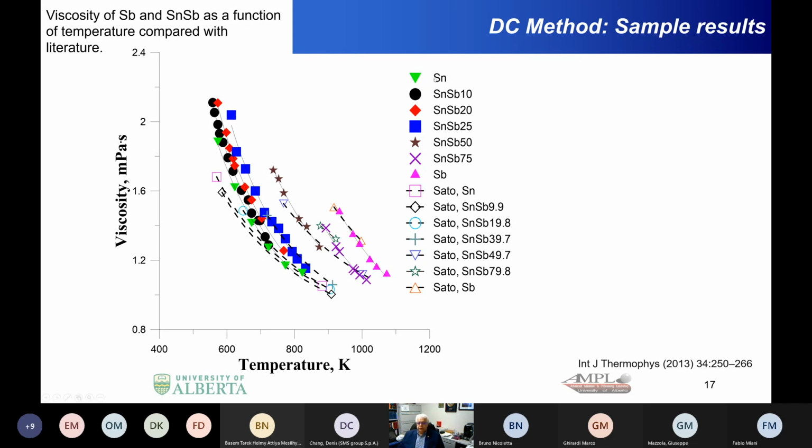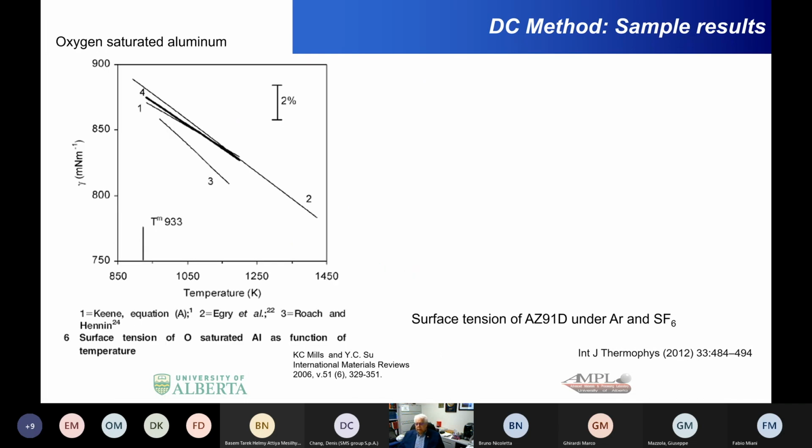So this is the viscosity for the tin antimony, shown here in the black data points, compared with those measured by other workers, showing very good agreement with other workers' results using other techniques. So we're pretty happy and pretty confident.